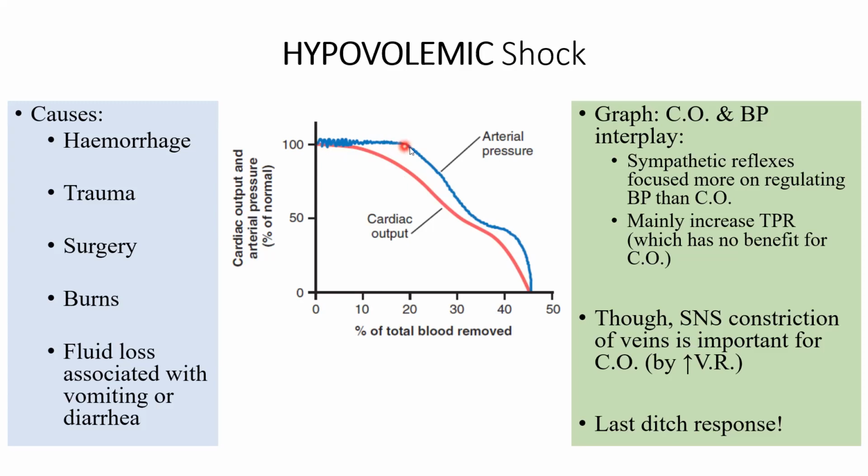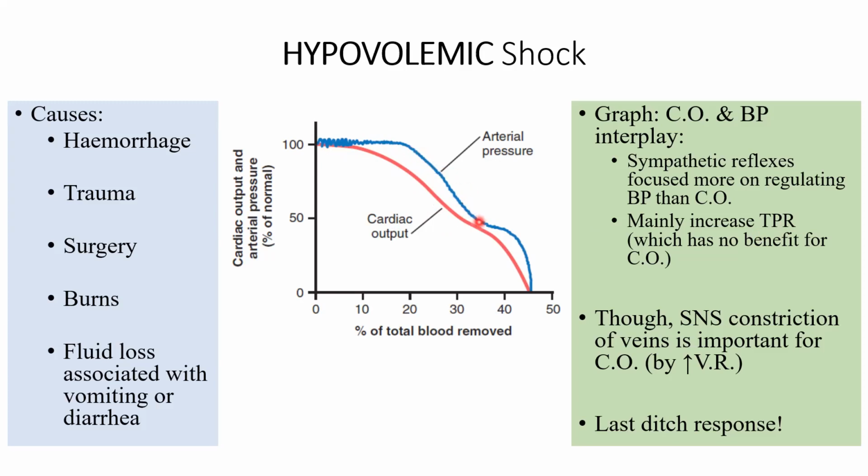And the mainstay is improving the TPR. And you know that TPR has no mention in cardiac output. Cardiac output is stroke volume times heart rate. So there is no great effect of maneuvering the TPR on cardiac output. However, it's the better half of arterial pressure.